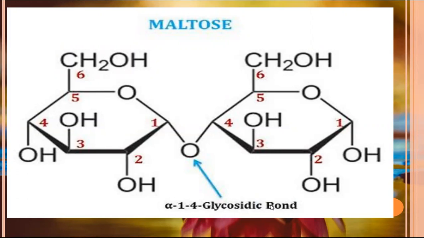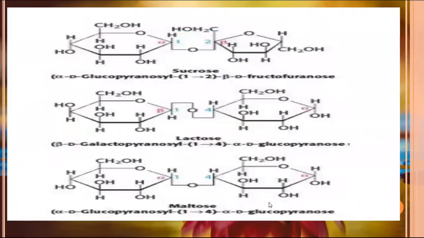So how is this alpha 1,4 glycosidic bond formed, we will discuss. There is the alpha 1,4 glycosidic bond in maltose, the beta 1,4 glycosidic bond in lactose, and the alpha 1,2 glycosidic bond in sucrose. So the glycosidic bonds are mainly alpha 1,2, beta 1,4, alpha 1,4 and alpha 1,6 glycosidic bonds.